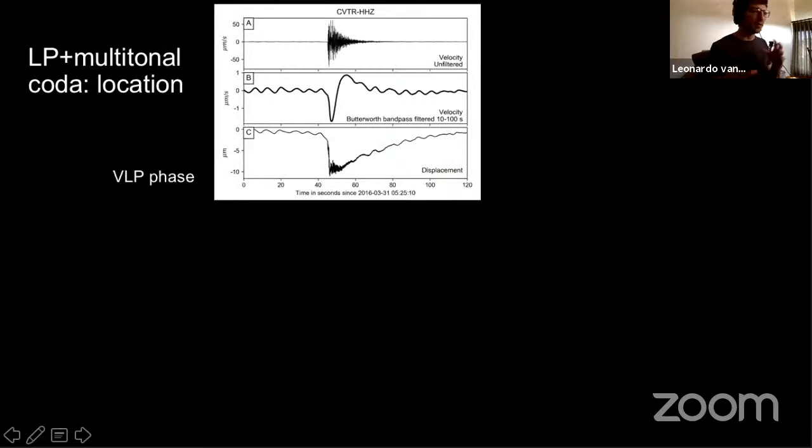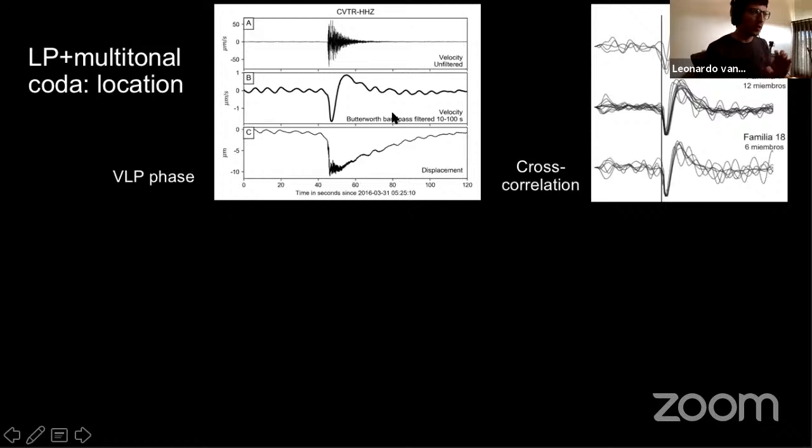So we were able to do some location in this period because we had more stations, and in this case, this event has this very long period pulse here. So we were able to filter this event, and this kind of signal is not affected by trajectory and side effects.